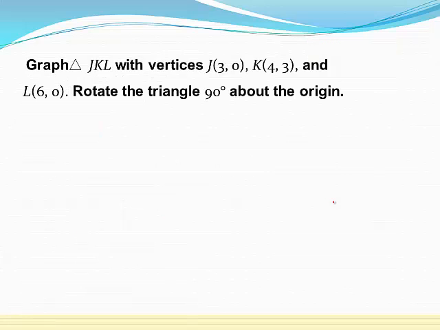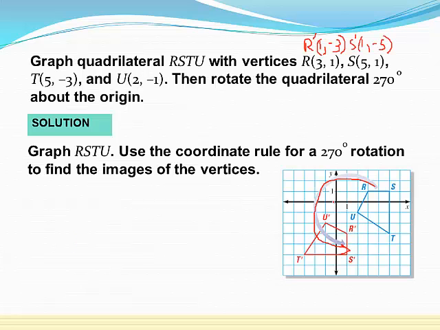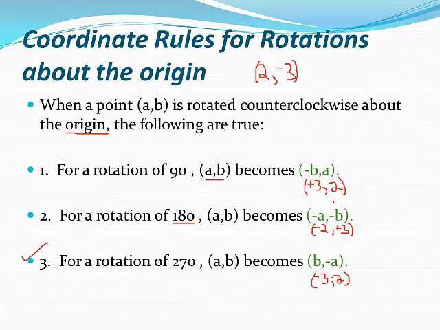Okay, what about this figure here? It says graph triangle JKL with vertices J (3, 0), K (4, 3), and L (6, 0). Rotate the triangle 90 degrees about the origin. Looking at the rule, what did 90 degrees about the origin do? (a, b) becomes: you switch it and take the opposite of the first one.